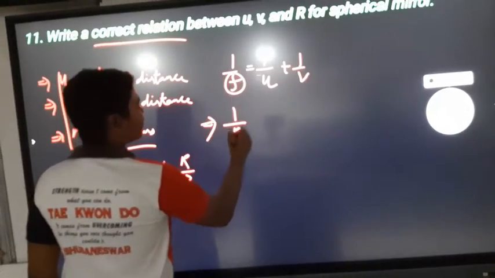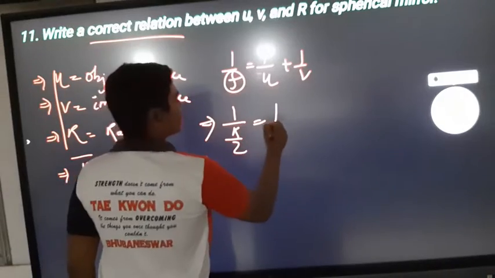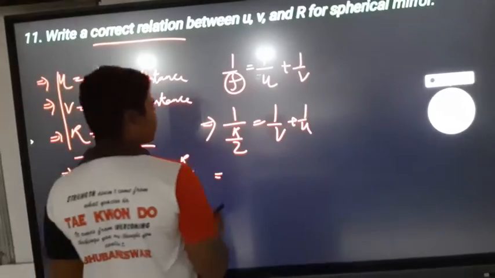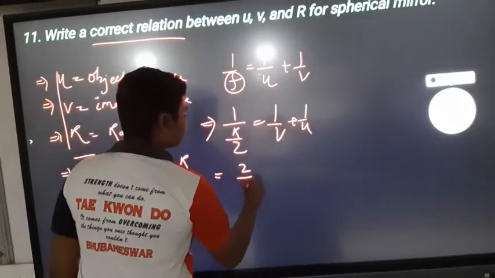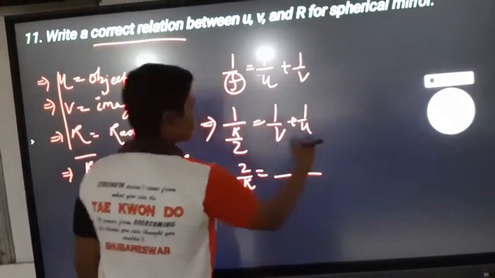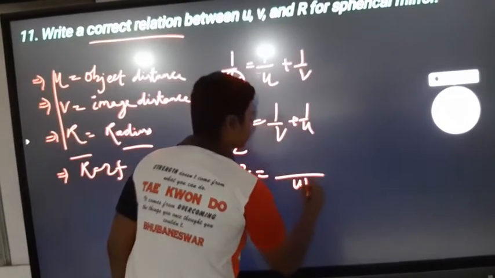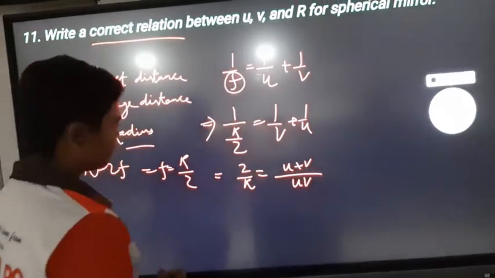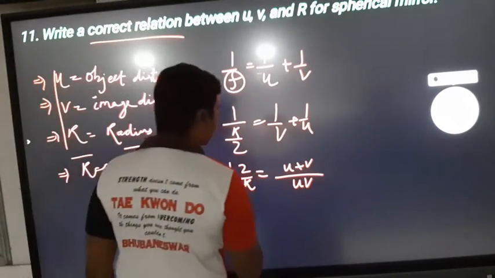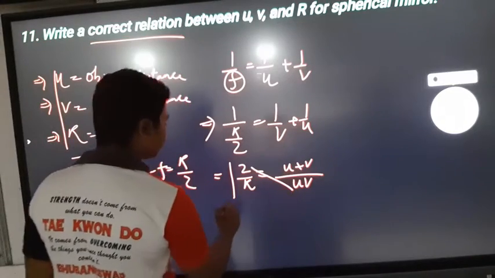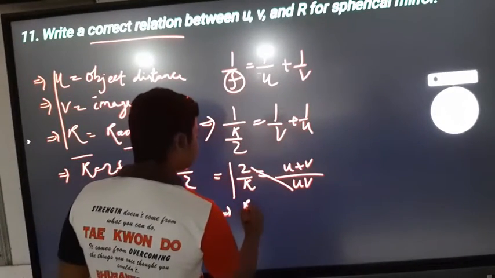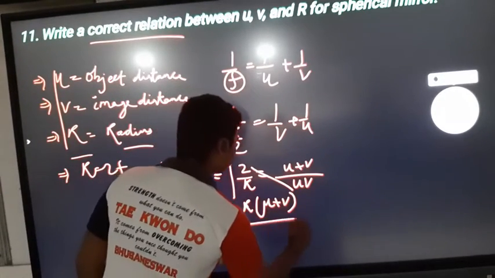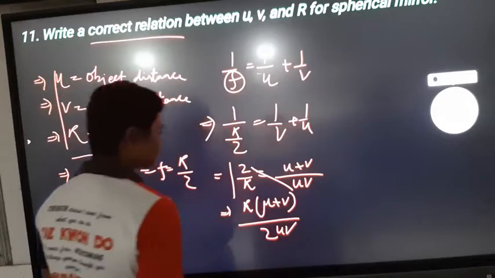Then it will form 1 by (R by 2) equals 1 by V plus 1 by U. After calculation we will get 2 by R equals, adding these, U plus V by UV. So cross multiplying, it will become R times (U plus V) by 2UV.